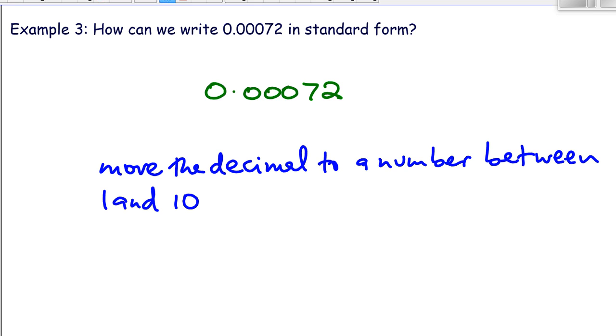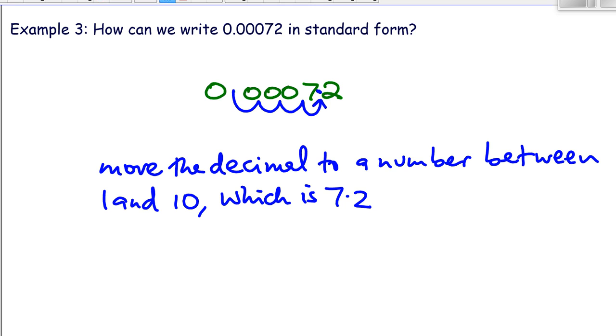Which will mean we start from here, we move 1, 2, 3, 4. So the number that we have is 7.2.